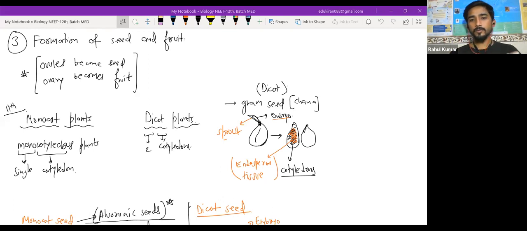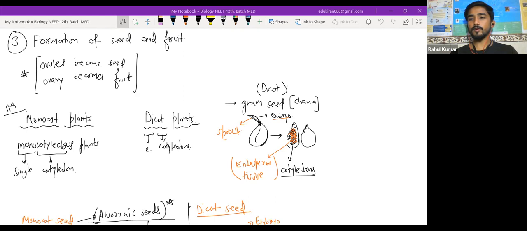Basically we were going through stages. The first stage of sexual reproduction is pollination. We understood what pollination is and what the types of pollination are, about which I will give you a backup, don't worry. Then the second stage: once pollination is done successfully, fertilization has to happen, right?